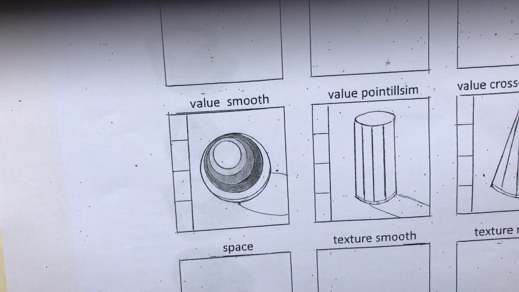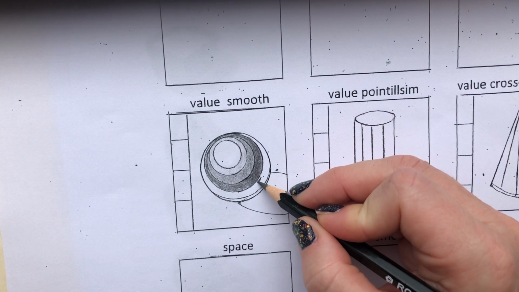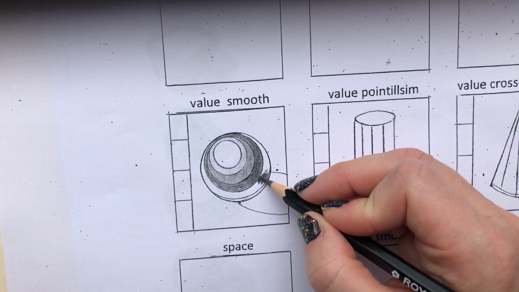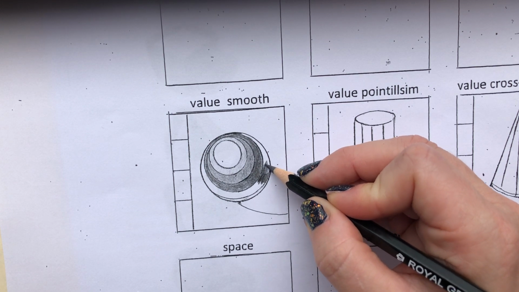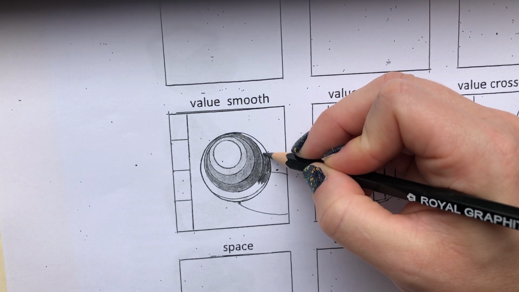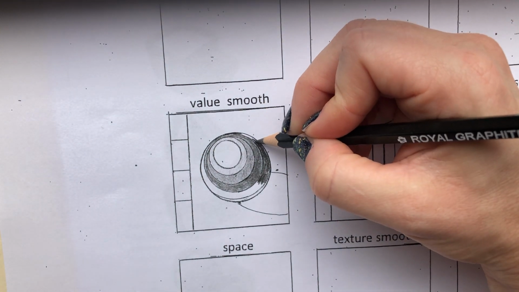The next section we're going to be doing is our dark section, and for that you're going to use your 6B pencil. They do make an 8B pencil, so if you have an 8B pencil in your pack and want to use that, that's perfectly fine, but I'm going to stick with my 6B.